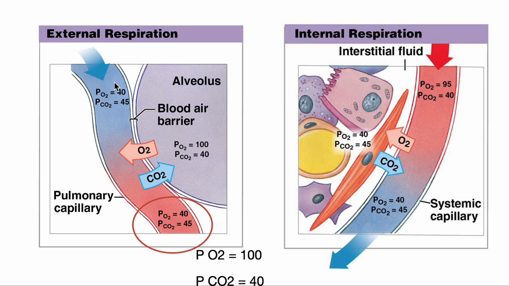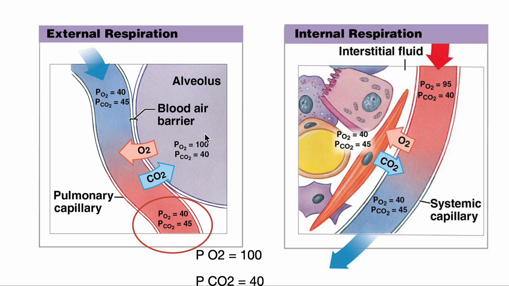So as this blood goes past the alveolus and gets right close to this airspace inside the alveolus, the partial pressure of oxygen is going to be really high because we just breathed in. So it's going to be, say, around 100. And that is going to mean that it's going to be easy for oxygen to diffuse from an area of high pressure to an area of low pressure for oxygen.